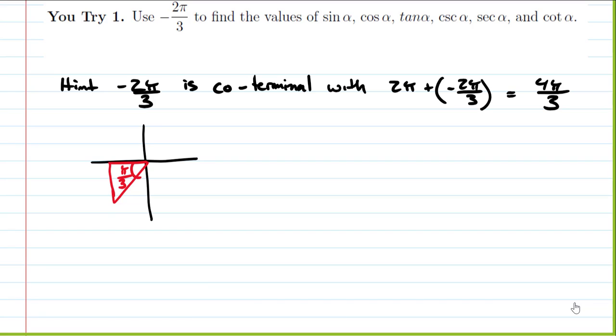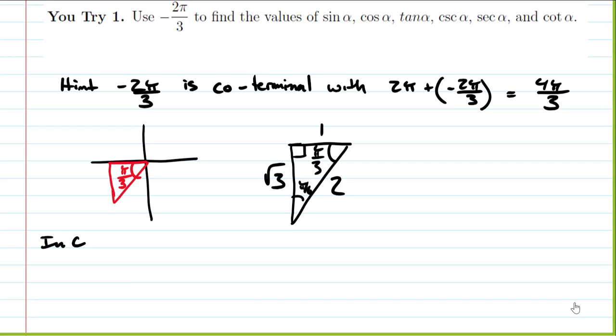So then we know that we're going to be using our pi over 3, pi over 6, 90 right triangle, so that's a 1, 2, square root of 3. But in quadrant 3, we have both x and y are negative.